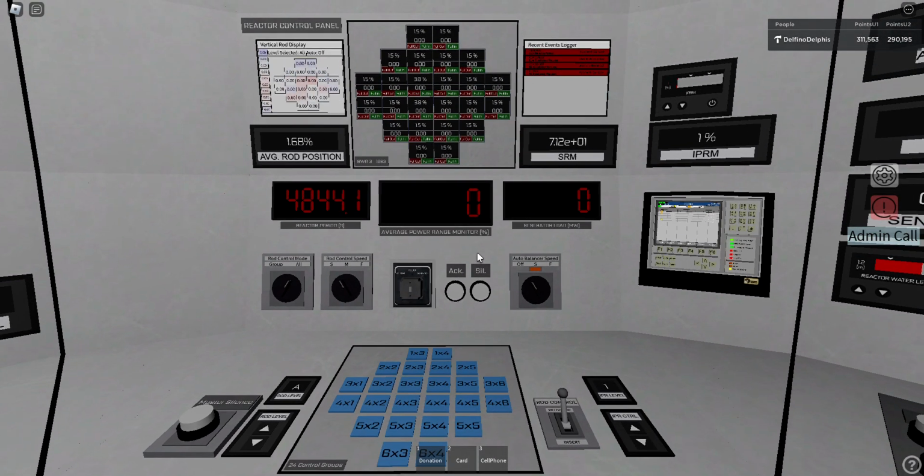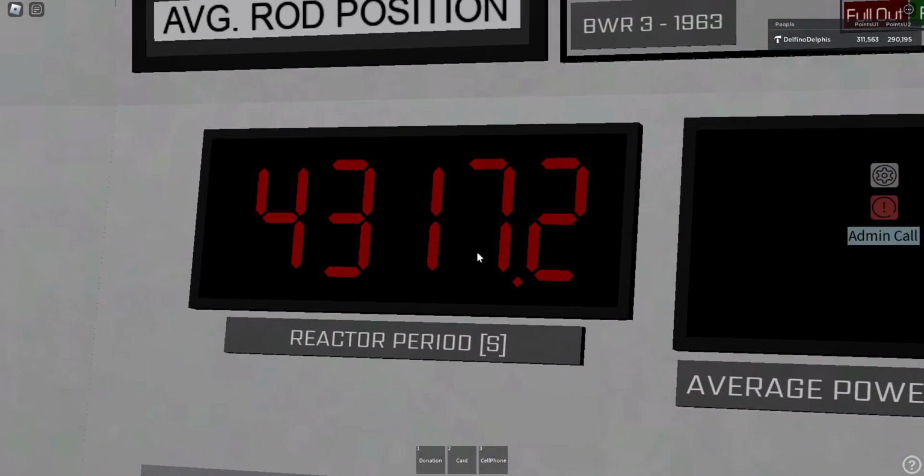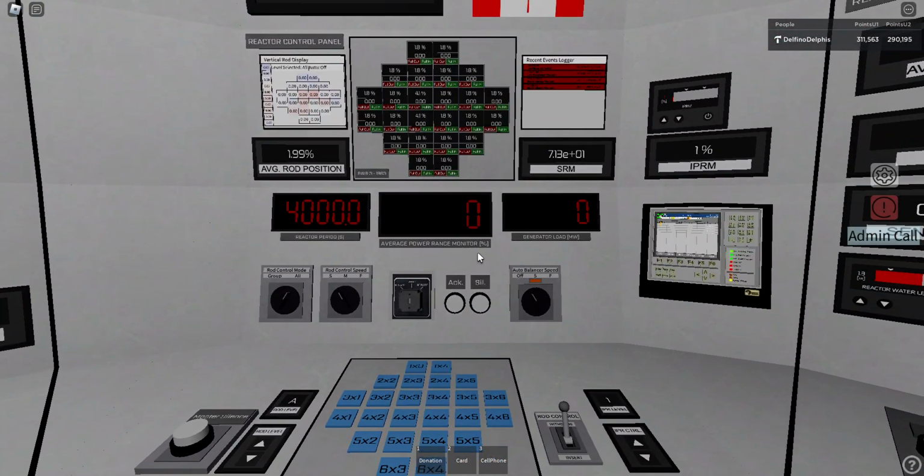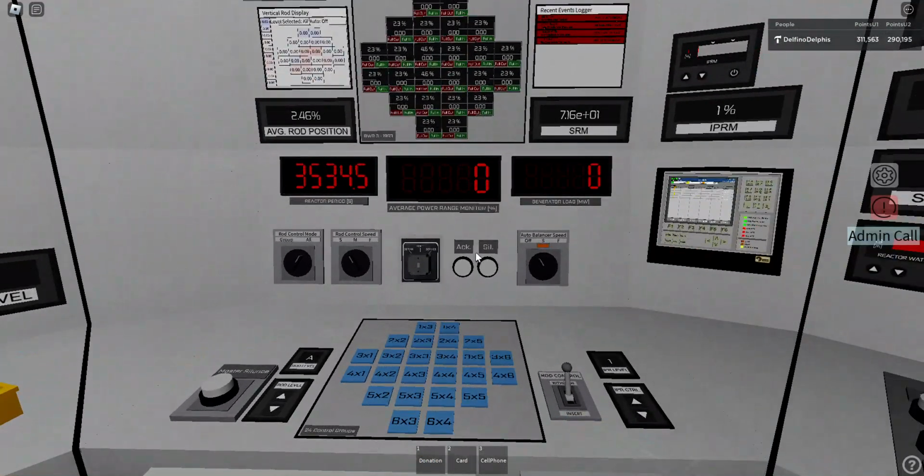So, the reactor period. This gauge, this indicator, is the most important thing, because it tells you how quickly the reactor is gaining power, and it does it in, you may find it, a bit strange manner, because it tells you in how many seconds the power of the reactor will rise by a factor of more or less 3.